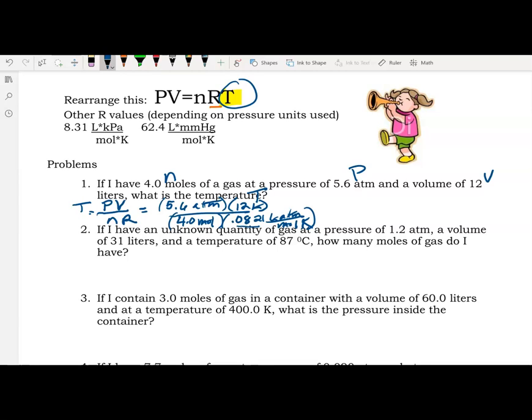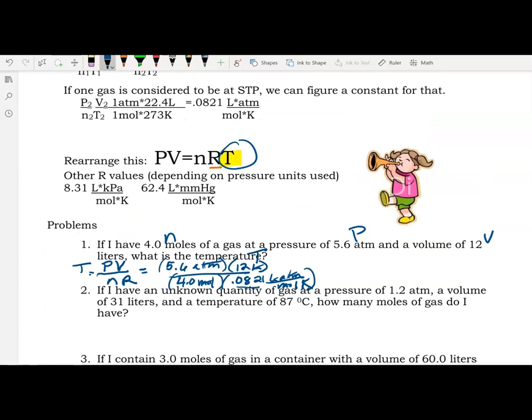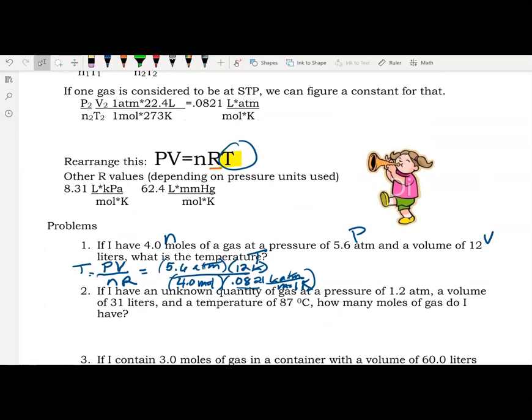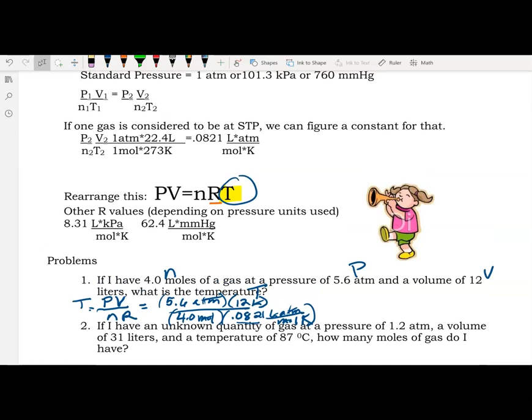So how do we know it's going to be STP for 0.0821? It's not. How did you know it's going to be 0.0821 for the STP? Because we're going to use P times V over n times T. So we use the pressure at STP for P, that was 1 atmosphere.